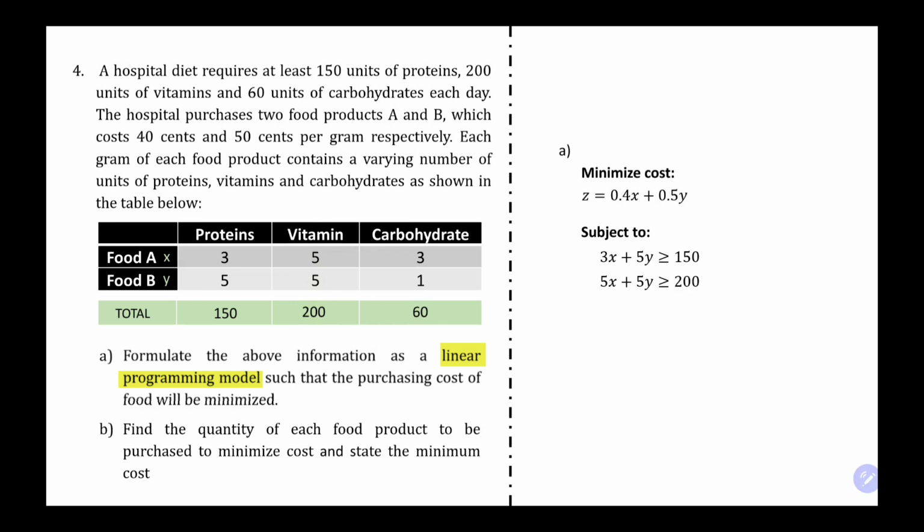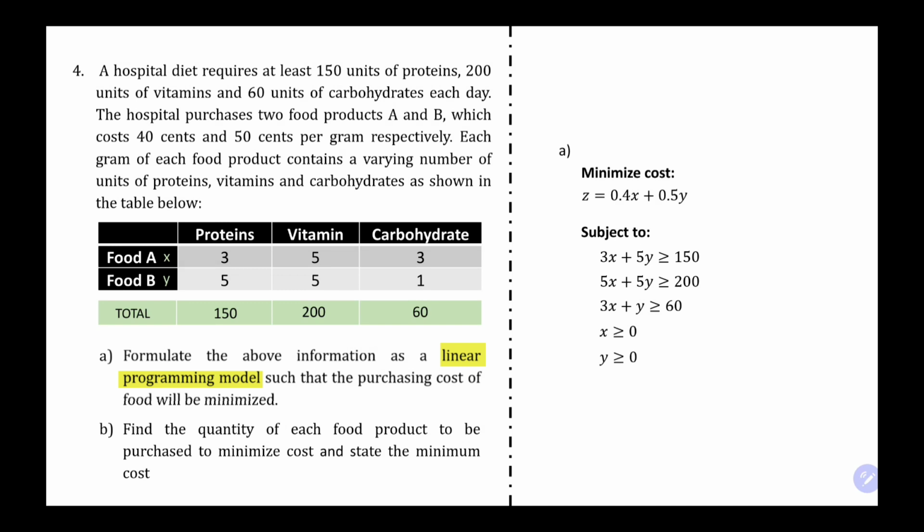Next, we have 5x plus 5y greater than or equal to 200. And last, we have 3x plus y greater than or equal to 60. Then we put x greater than or equal to 0, y greater than or equal to 0, since x and y refer to food, so food cannot be negative.